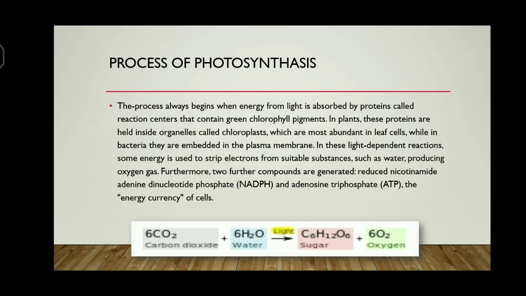In these light-dependent reactions, some energy is used to strip electrons from a suitable substance such as water, producing oxygen gas. Furthermore, two further compounds are generated: reduced nicotinamide adenine dinucleotide phosphate, NADPH, and adenosine triphosphate, ATP, the energy currency of cells.